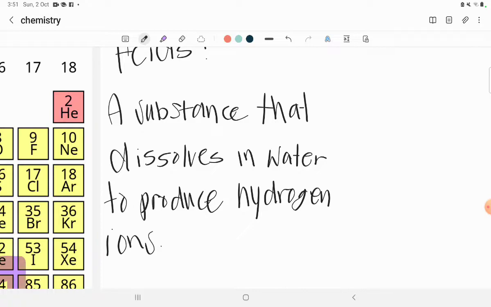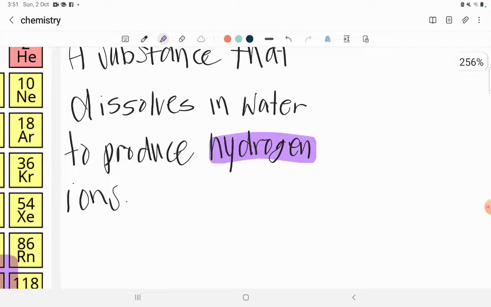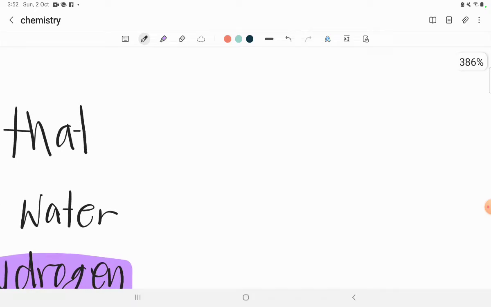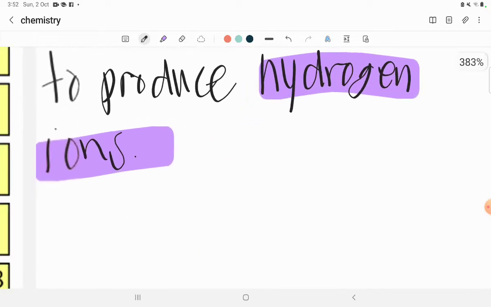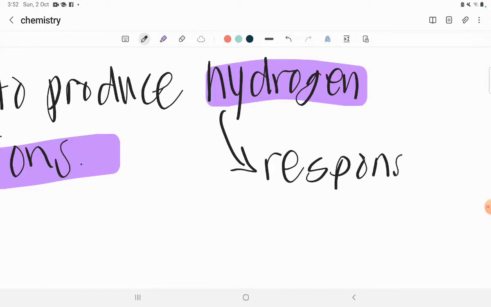Let's dissect the hydrogen ions. The hydrogen ions are responsible for the acidic properties of an acid.